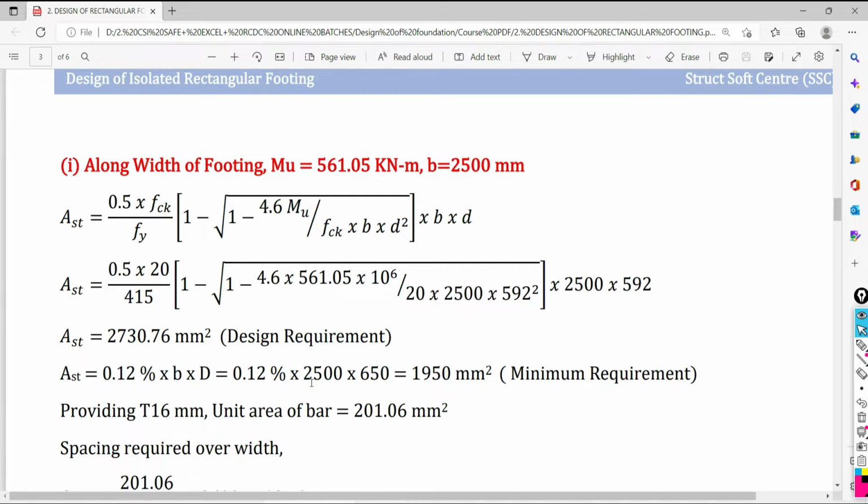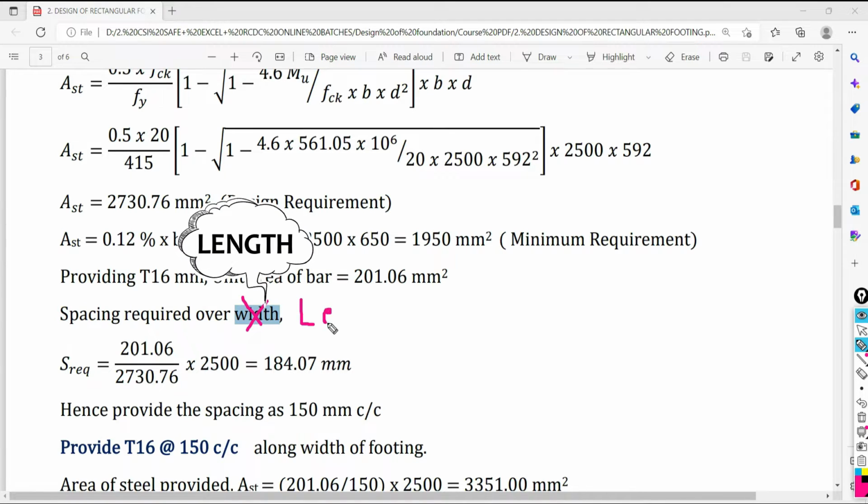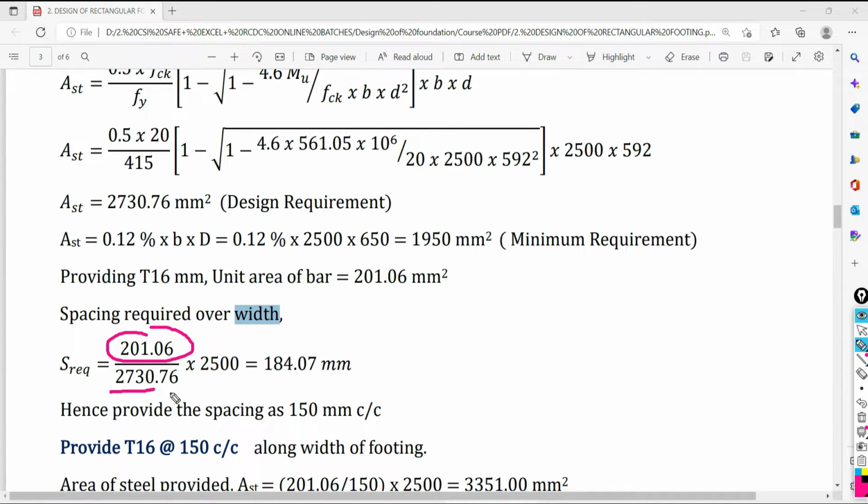Now the minimum requirement we are getting is 1950. Now providing 16 mm dia, unit area 201. Spacing required over the length, it should not be width, it should be over the length. I will correct it. Now spacing required is 201 divided by 2730.76 multiplied by the full width considered, that is 2500.